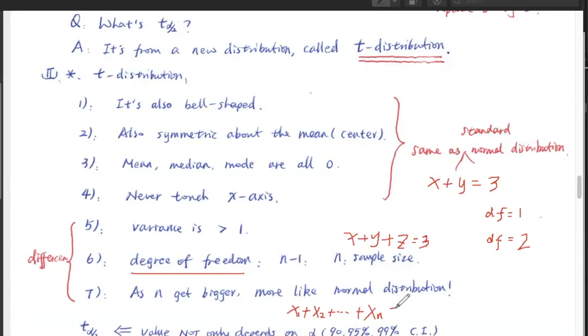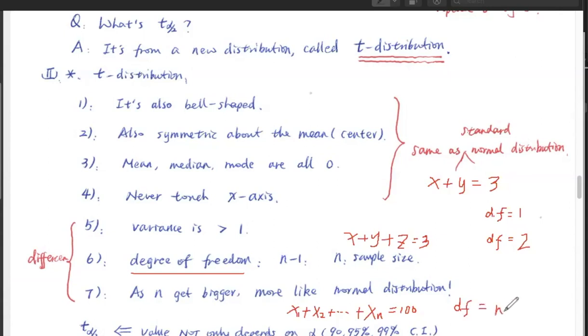Say this one is equal to some number, 100, for example, okay? Any number it can be, right? So in that case, and then we are trying to solve, say, one of them, right? In that case, the other n minus 1 values, they are free to change. So in that case, the degree of freedom is equal to what? Degree of freedom is equal to, everybody, what should that be?